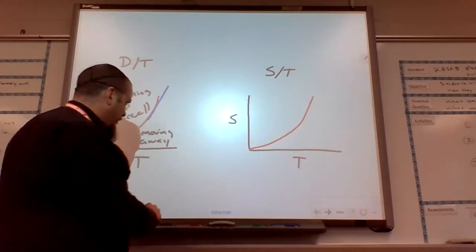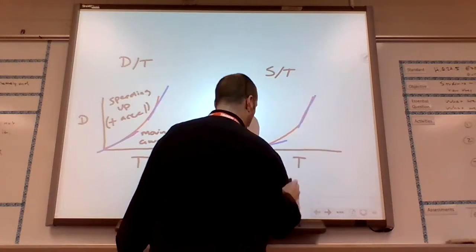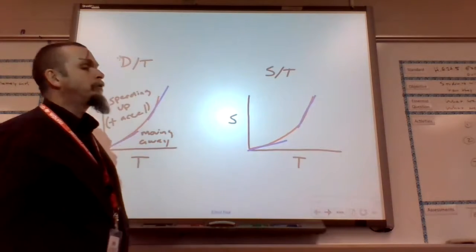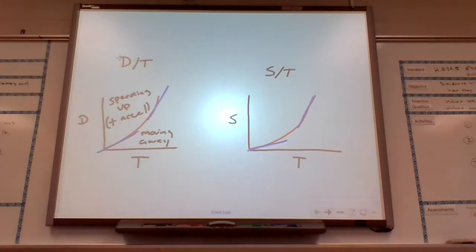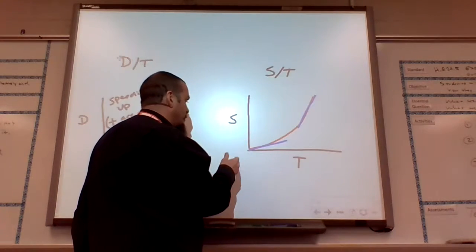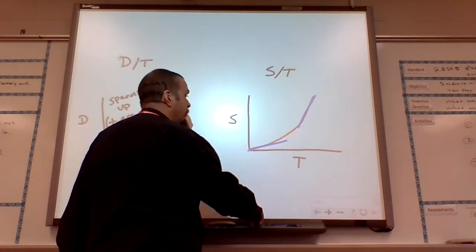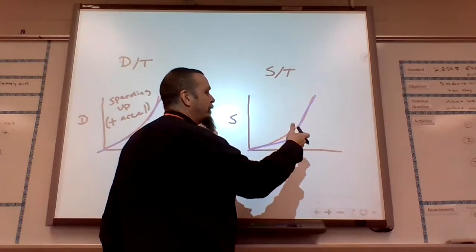We have the same kind of thing over here. It's a low slope down here. It's a higher slope up there. So my slope is increasing, but what's on this graph is speed. Well, not speed, acceleration. Low acceleration here, high acceleration up there. The acceleration is increasing.